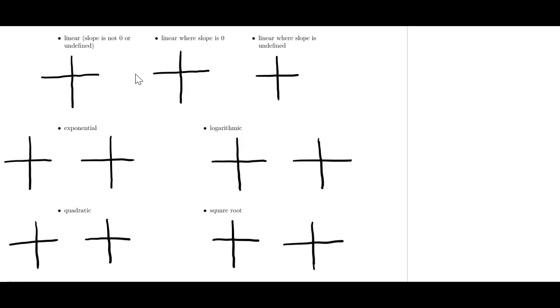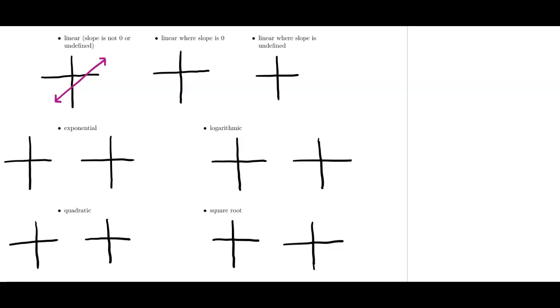Okay, so this first one is the linear. Remember we said lines, right? If it's a linear function, it's always going to have a constant rate of change. So it's either always increasing, or you could have one going the other direction that's decreasing. With the linear where the slope is 0, remember, that means it's not going up or down, it's just staying level.